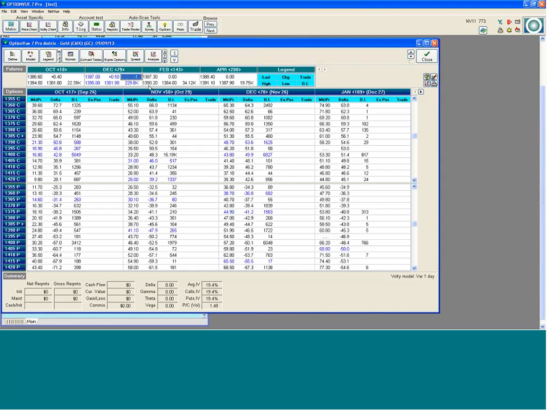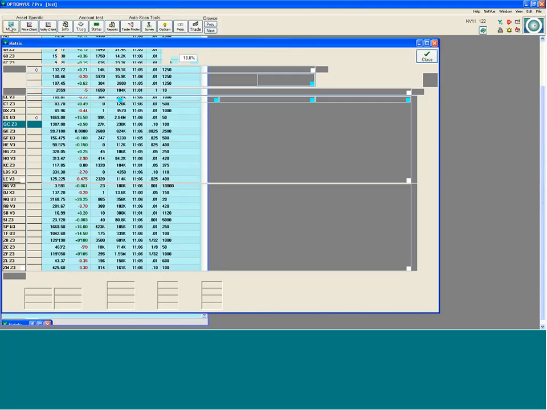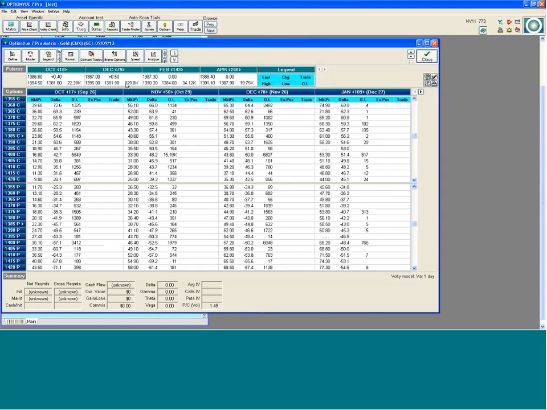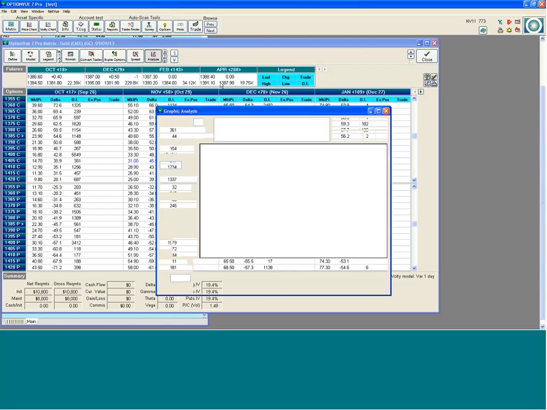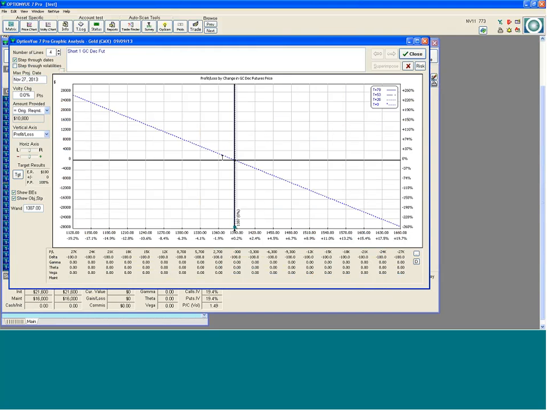Let me go back into my program here, put in a short position on December gold futures, click the Analyze button. What are we looking at? We're looking at the performance graph or the graphic analysis for a short gold futures contract.